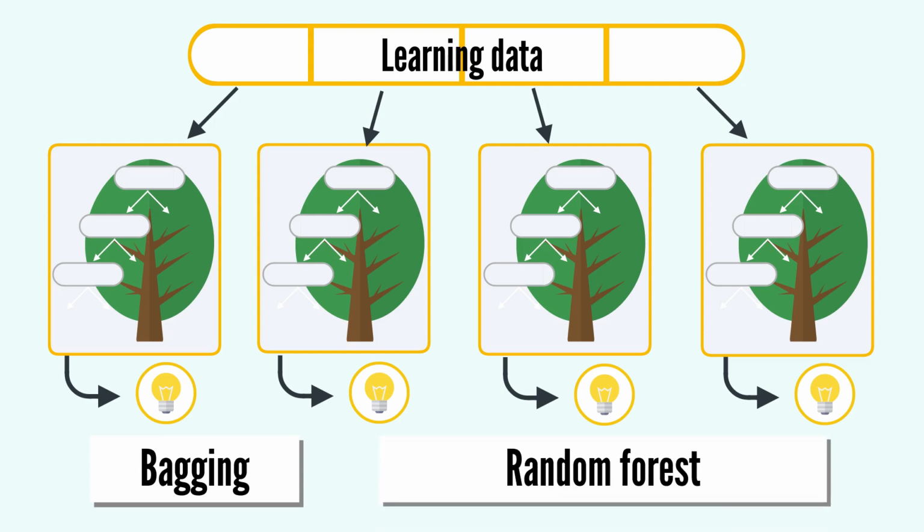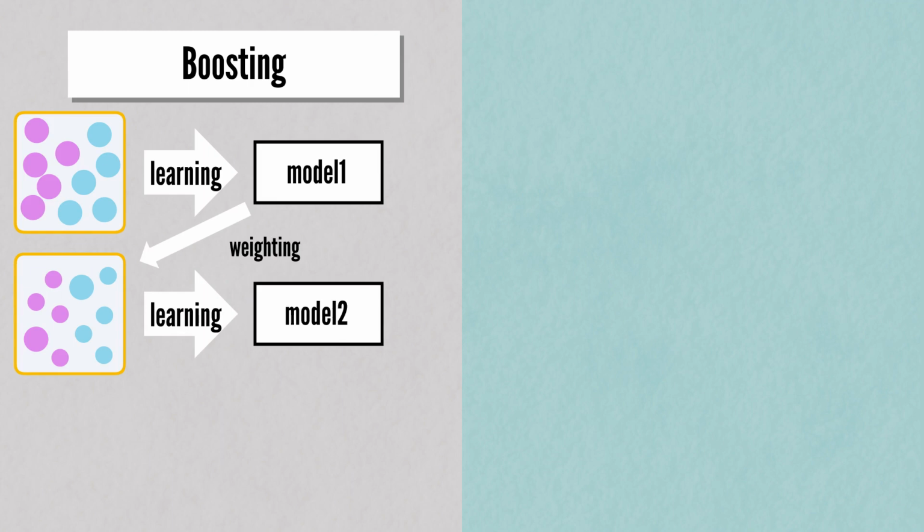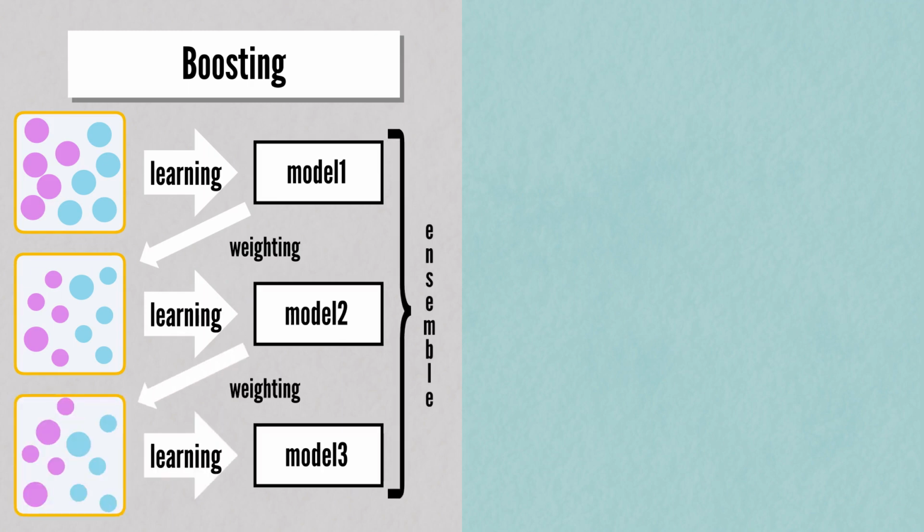On the other hand, LightGBM uses a method called boosting, in which multiple decision tree analyses are performed to increase accuracy. Boosting is a method of increasing accuracy by performing a decision tree analysis from given data, then weighting the data for incorrect predictions, performing the analysis again, and repeating these steps.